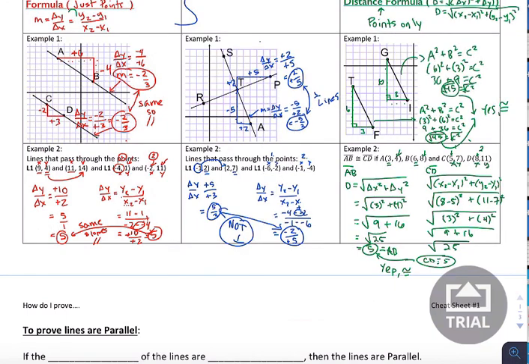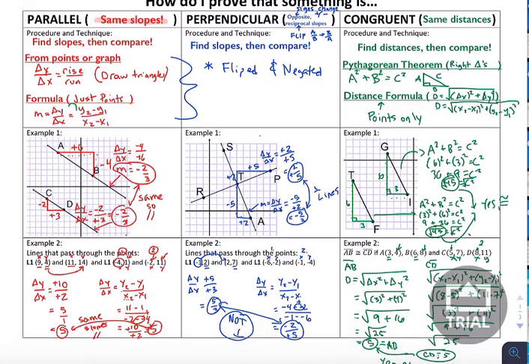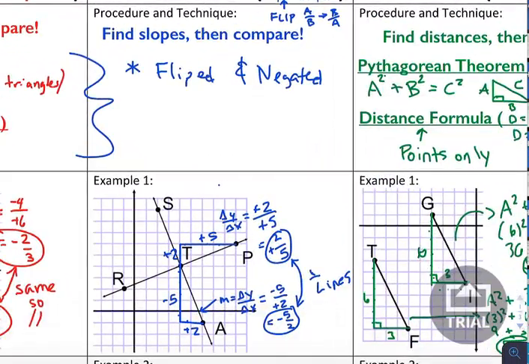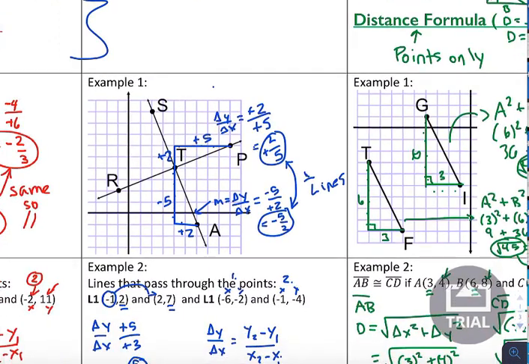And so, guys, that's it. That's like the cheat sheet, right? And so, if you want parallel, you have to get the slopes by whatever means necessary. Compare them. If they're the same, they're parallel. If not, they aren't. For perpendicular, we're going to also find the slope. So, same technique. If they're opposite reciprocals, which means the sign is changed, one's positive, one's negative, and it's been flipped on the fraction, we can say they're perpendicular.